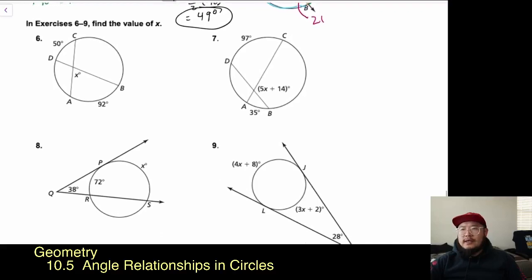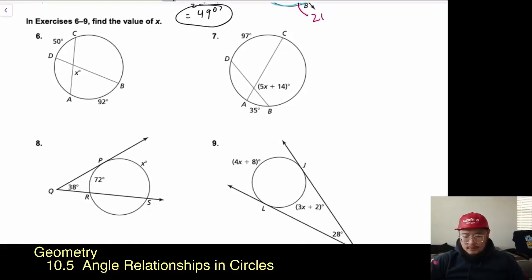Next up, let's take a look at number 6. Right here, we've got an angle on the inside, and then we also have 2 intercepted arcs. Let me go ahead and highlight this. We've got D to C and A to B as intercepted arcs, and angle X is in the middle.